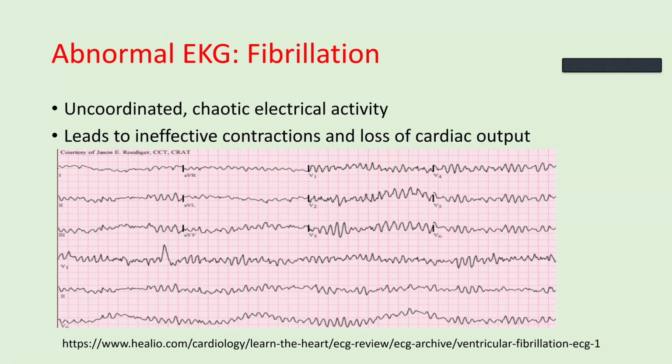And cardiac fibrillation is the abnormal heart rhythm characterized by uncoordinated and chaotic electrical activity within the heart. It leads to ineffective contractions of the atria and ventricles, resulting in a loss of cardiac output and blood flow.